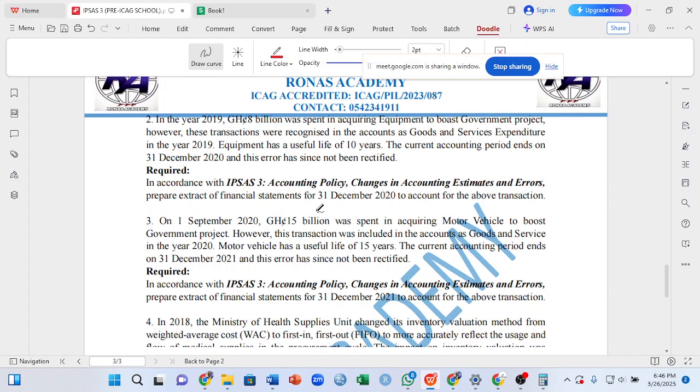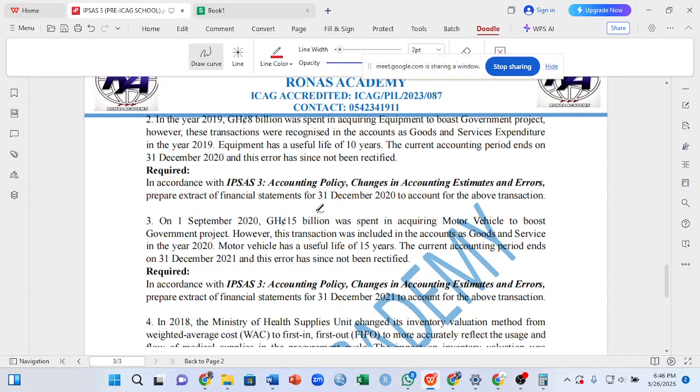Because it was an asset and they recognized it in their account as goods and services expenditure. Yes, that's true. We're supposed to record it as an asset, but they recorded it as goods and services expenditure, an expense in their books. So that's clearly an error, which we need to rectify.